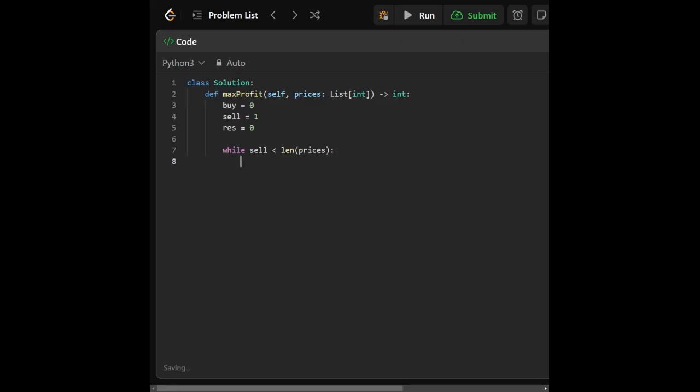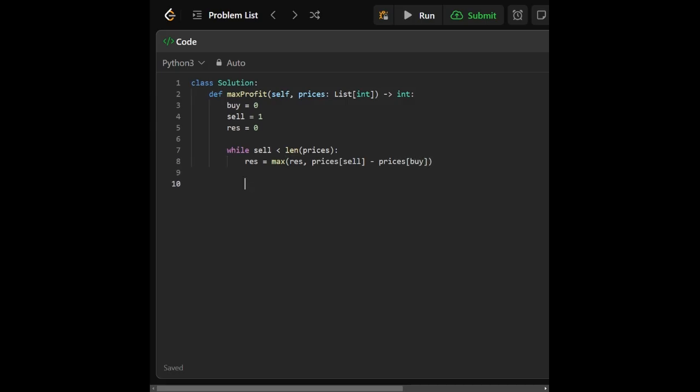At every iteration, we want to calculate the profit, and we're going to replace result with it if it's larger than the result. We can do that using the max function in Python. And the current profit is going to be the price at sell minus the price at buy, like this.